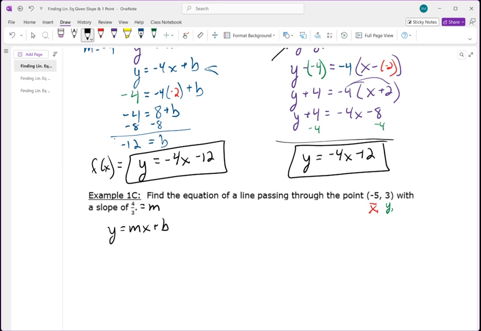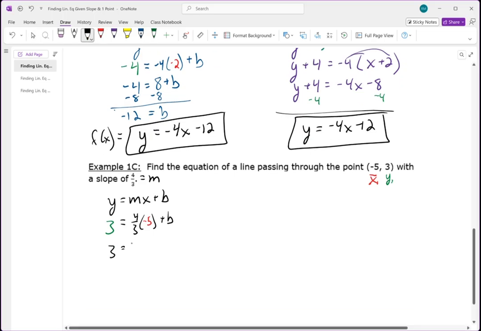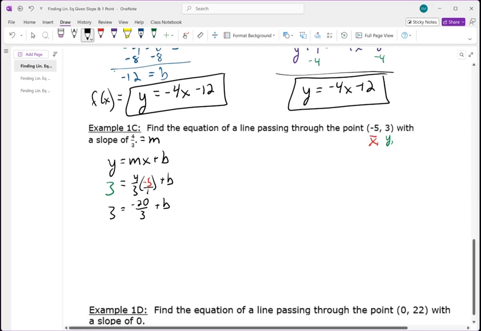Remember, I'm going to plug in my y value over here. Then I'm going to plug in my slope, my x value, which is negative 5, plus b. So I'm going to have negative 20 over 3 plus b. Think of this as over 1, which means I'm going to have to add 20 over 3 to both sides.